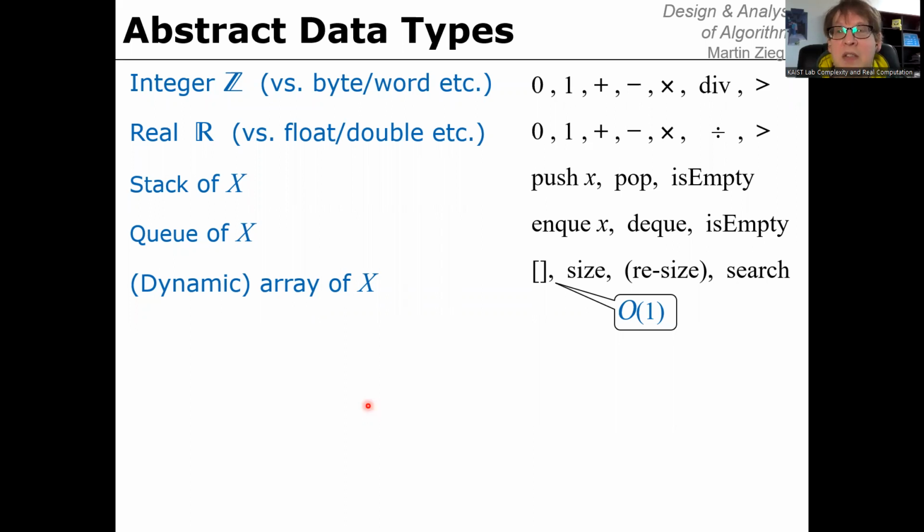So maybe it takes at least cost log n to access the nth element, because log n is the binary length of the index, right? So depending on how precisely we want our analysis to reflect actual hardware implementations, how realistic we want our estimates to be, that affects what cost we should charge.